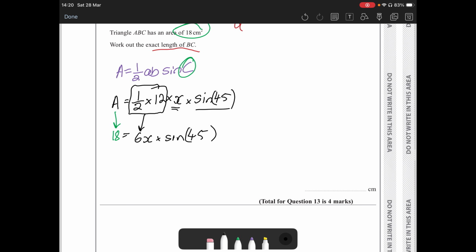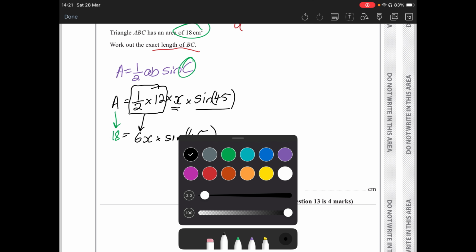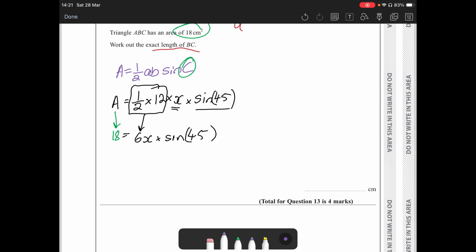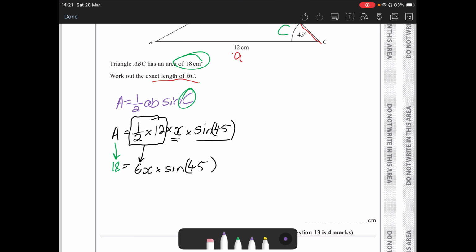So, we're well into this question now, but you might be thinking, what on earth is sine 45? If you're really good with trig values without a calculator, because it's a non-calc paper, remember, and you remember the table, chuck it in. If you know what sine 45 is, well done you.